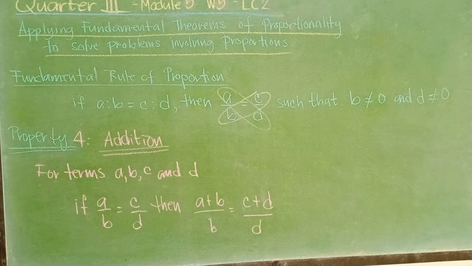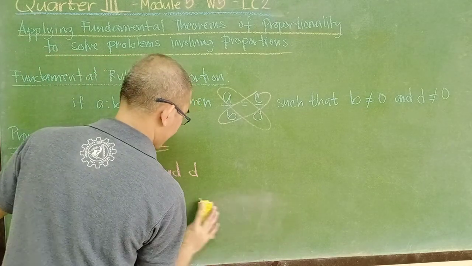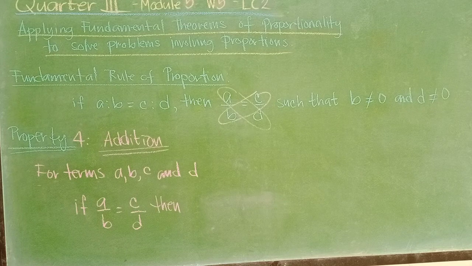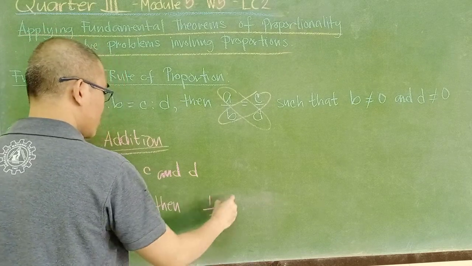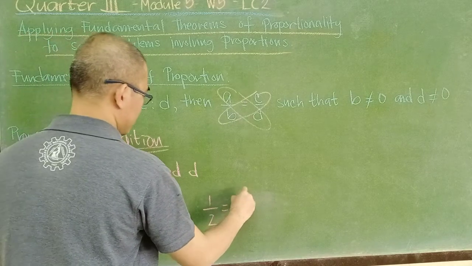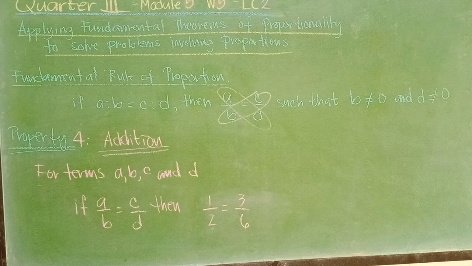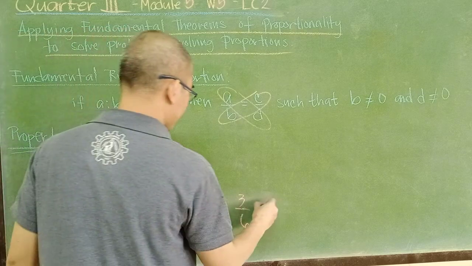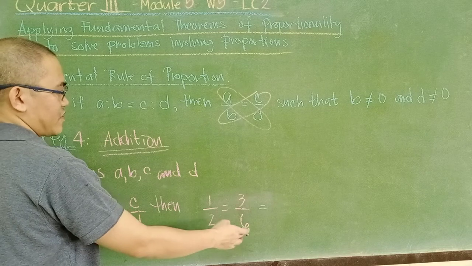Halimbawa, let's say 1 over 2 is equal to 3 over 6. So we all know this is equal yung 1/2 at saka yung 3 over 6.